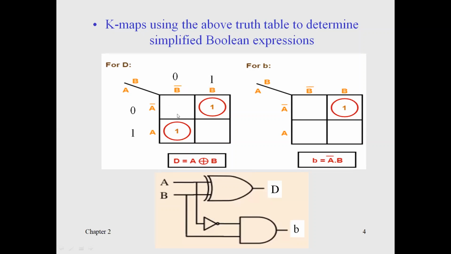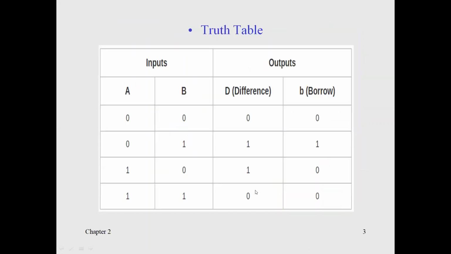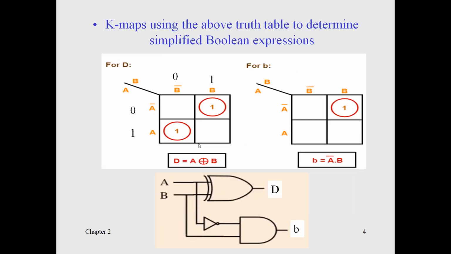A bar B plus A B bar, which is nothing but A XOR B. For borrow, similarly, we have seen borrow is valid only for this combination, that is 0, 1, that is A bar B. You see here, as it is not having any other valid cell, there is no pairing, and eventually we only get from here borrow as A bar B.